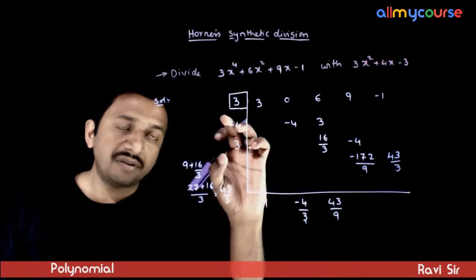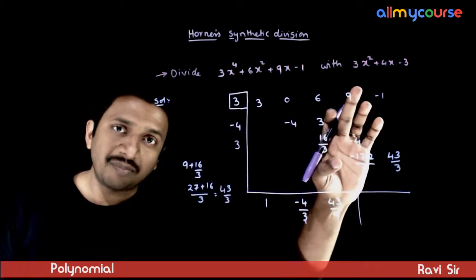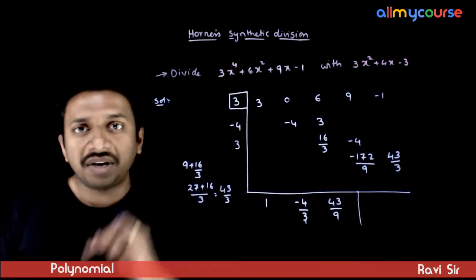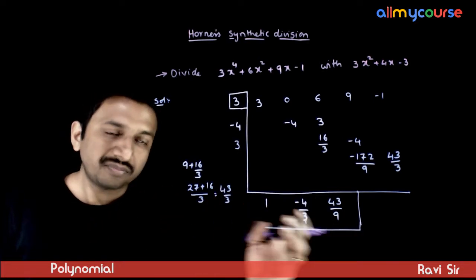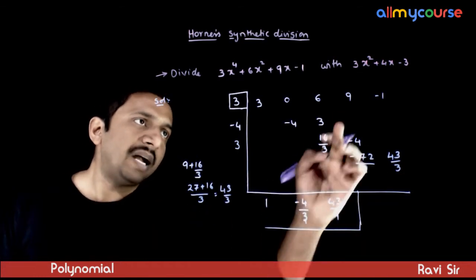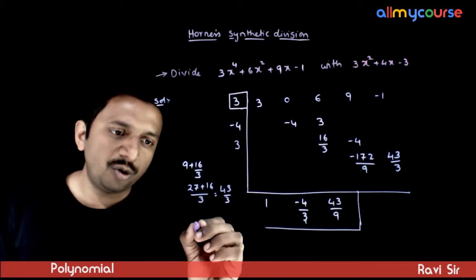So now we have two terms here. We have come to the last two terms. So this is the remainder term. When you're calculating the remainder term, you don't need to divide by 3. Till the division is going on, you have to keep dividing by 3. So now what is the remainder part? 9 minus 4 is 5, minus 172 by 9.